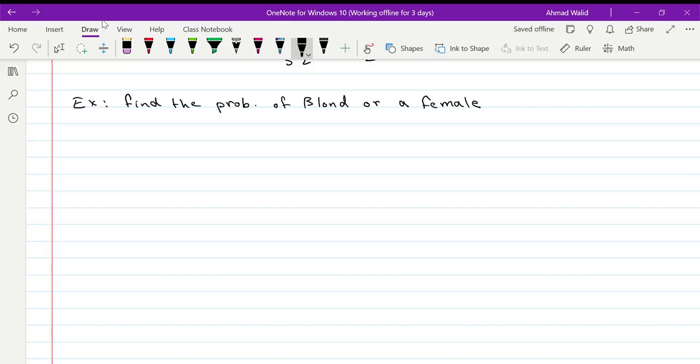If I give you this, for example, it's a class of students, right? The probability of blonde is 0.18. Female in that class is 0.60, and blonde female is 0.12.